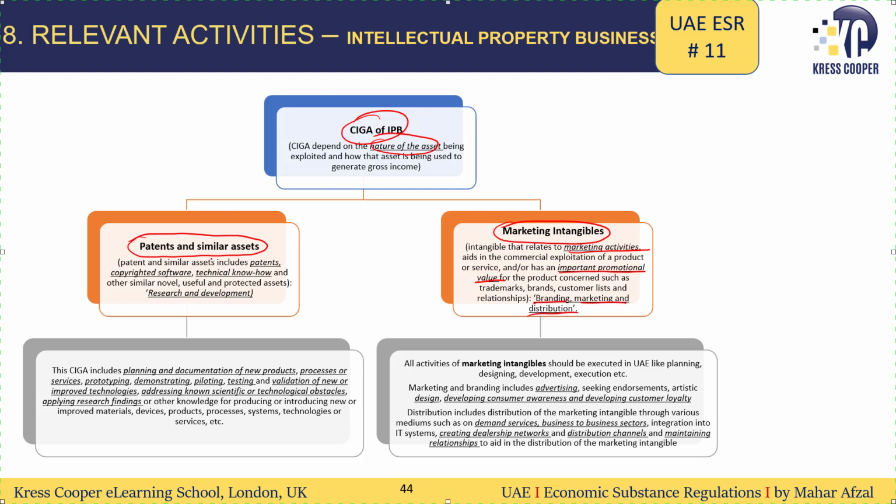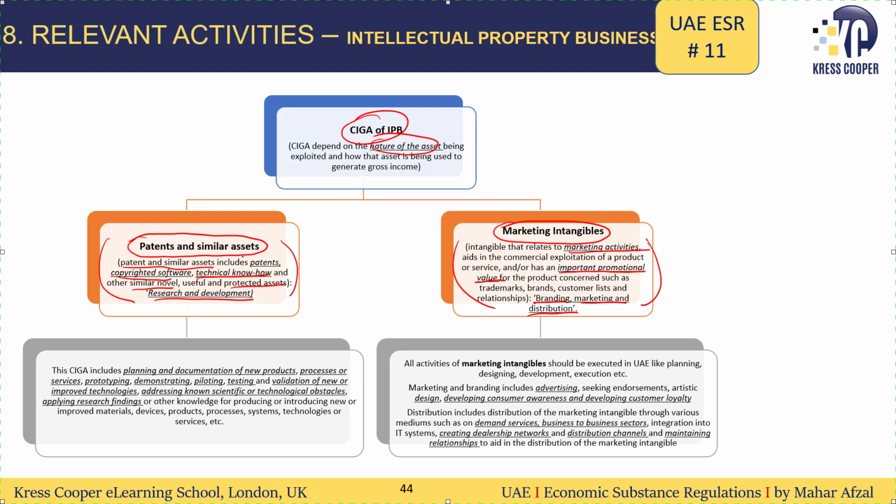In case of patents and similar assets, they said a patent or any other similar asset like copyright software, technical know-how, useful protected asset, research and development, all these will be classified under patents, and all intangible assets related to marketing activity will be classified under marketing intangibles.